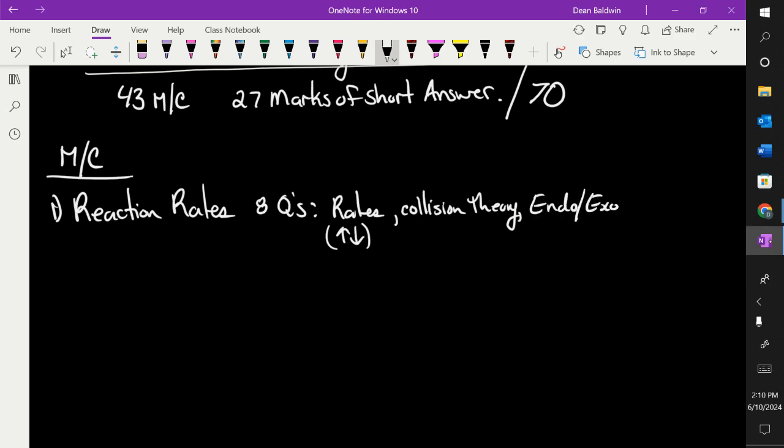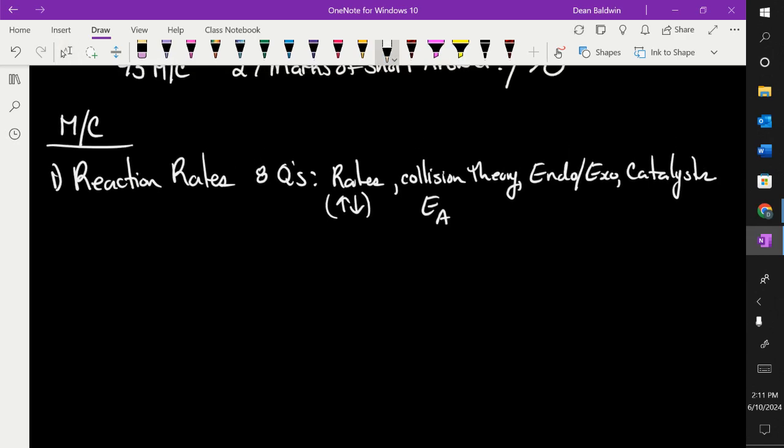Endo, exo, etc. Catalysts, activation energy, EA. Threshold. No, I don't have any specific questions on threshold energy, but you should know how to figure out activation energy.